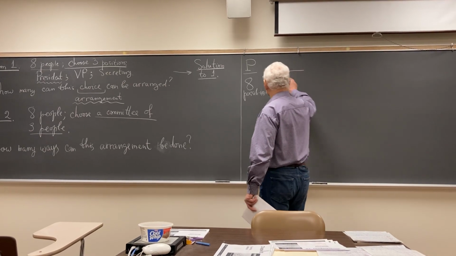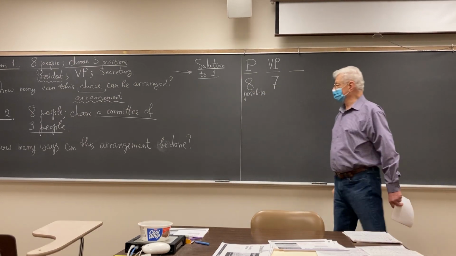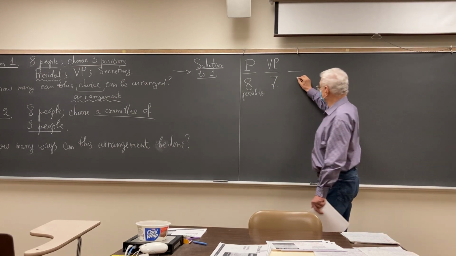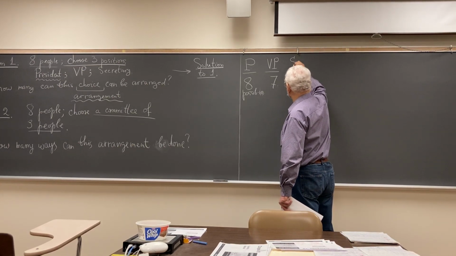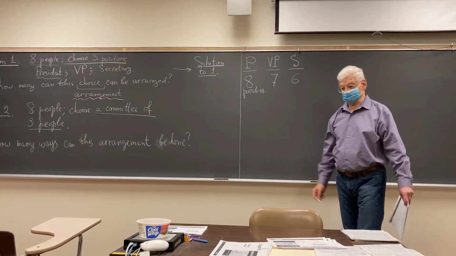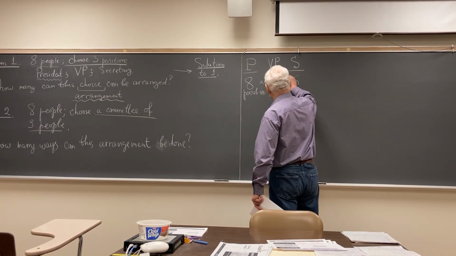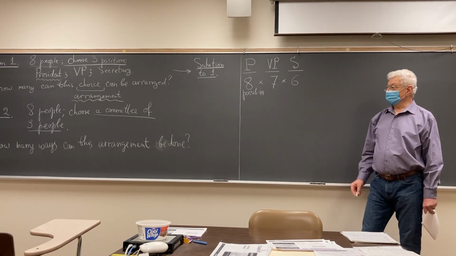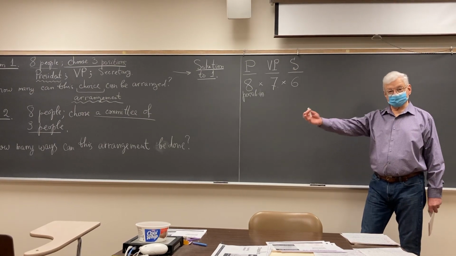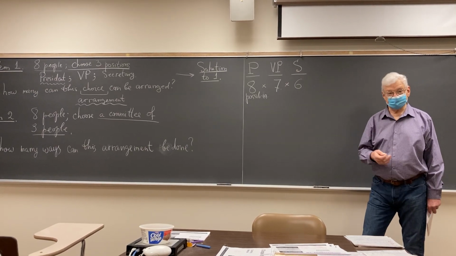So for vice president, we have only 7 possibilities. And after that, we have a choice out of 6 people for the secretary. Now the answer is clear. We just apply the fundamental counting principle, or multiplication rule. All these events are independent.